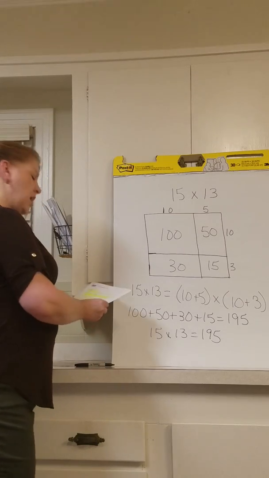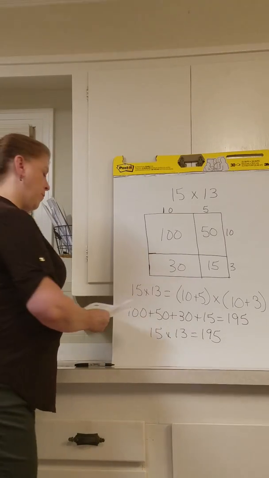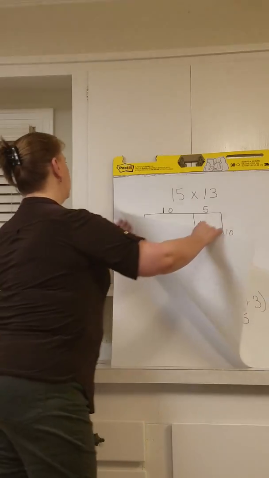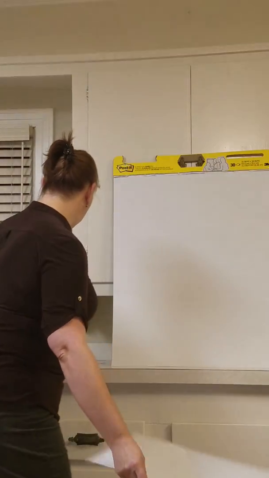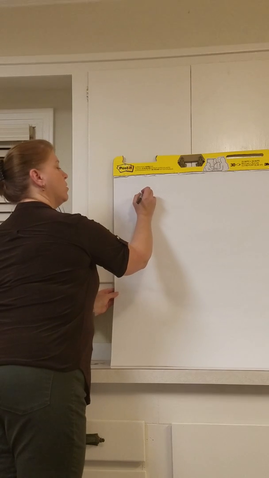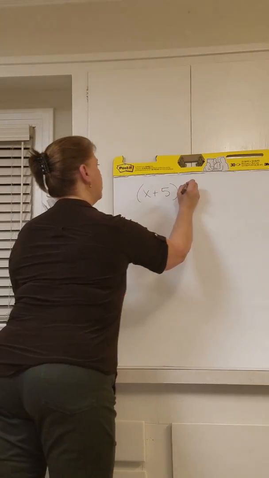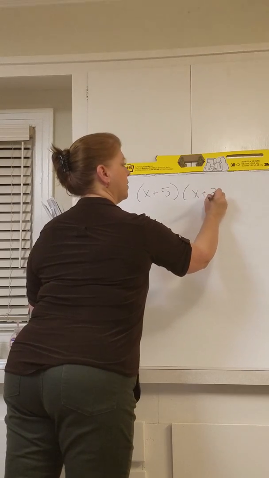So let's look at our next example, which is B. So we're going to multiply x plus 5 times x plus 3.